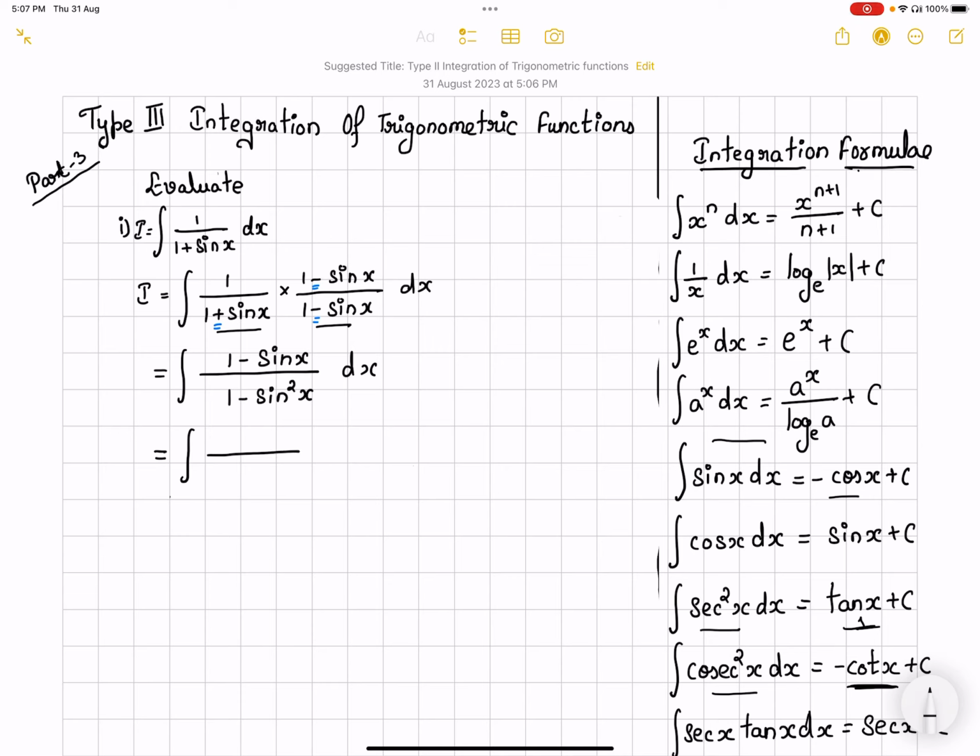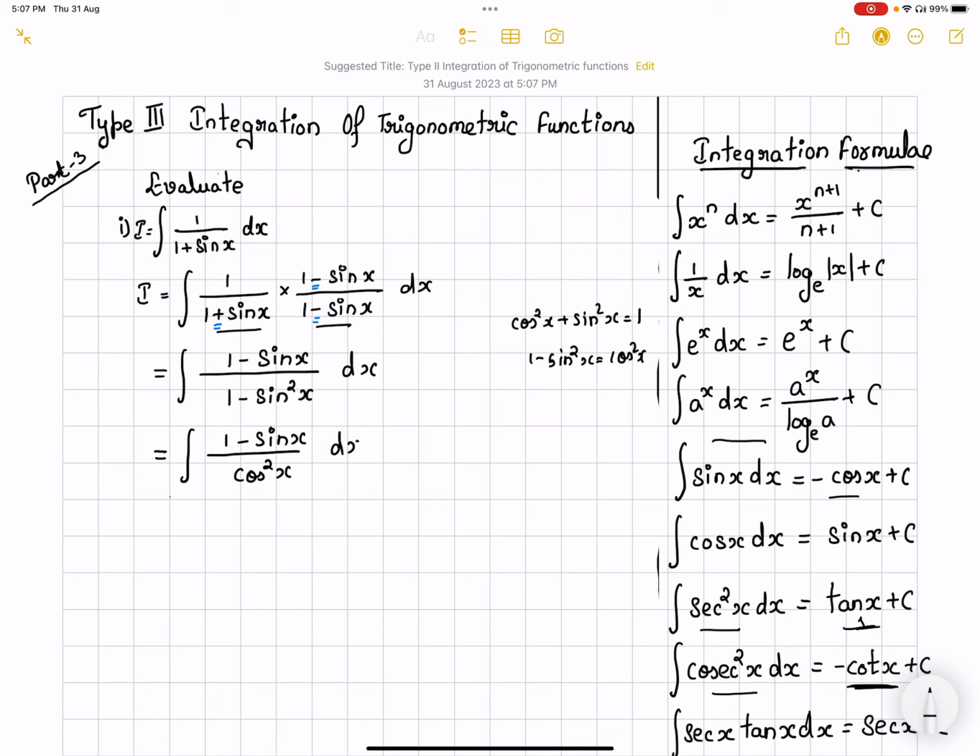What is 1 minus sin square x? We would have seen cos square x plus sin square x is equal to 1. Then in that case, 1 minus sin square x is going to be equal to cos square x. So that is what I'm going to put here, and then we have 1 minus sin x.